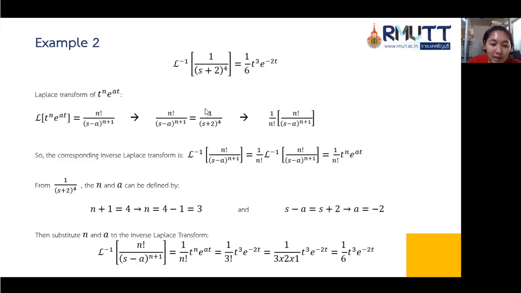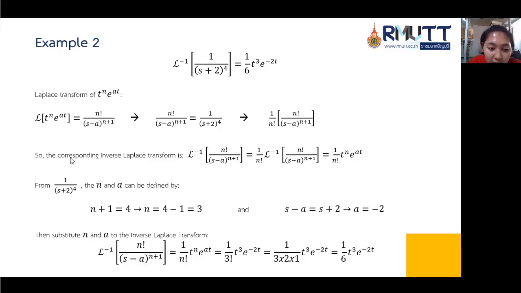We can see that on this side, the value is 1, but on this side, the value is n factorial. So we have to make the n factorial into 1 by multiplying this equation by 1 divided by n factorial. So from this equation, multiply by 1 divided by n factorial times n factorial divided by s minus a to the power of n plus 1.